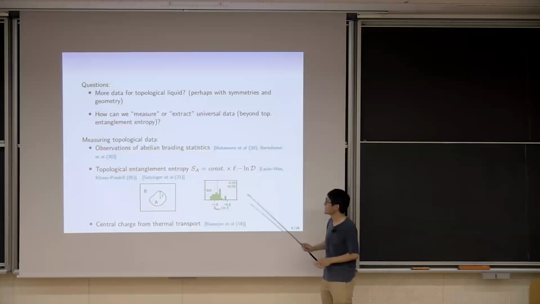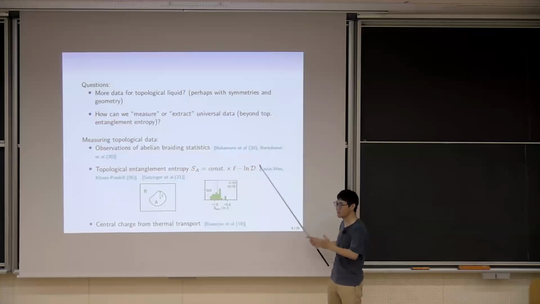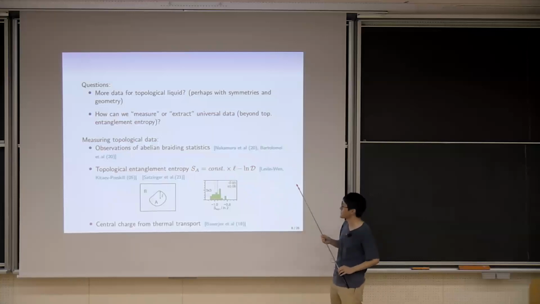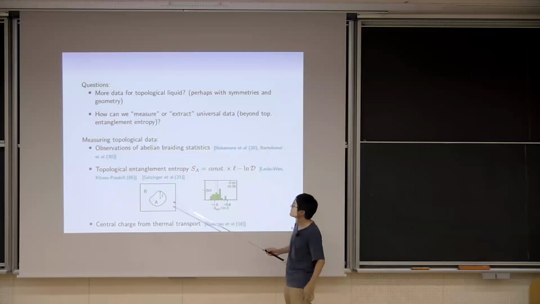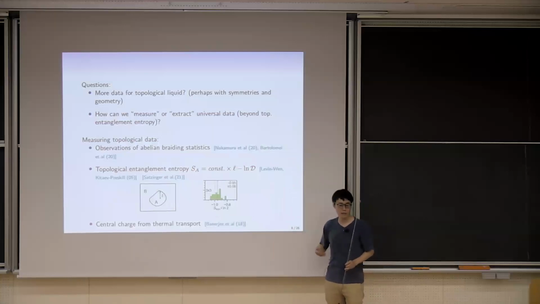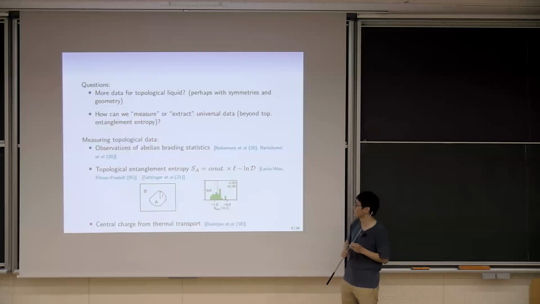Okay, but this quantity only knows the sum. It's a total quantum dimension. It doesn't have a resolution for each particular anyon, and also it doesn't know about theta. So topological entanglement entropy has been around for a long time already, but there are some topological states which we can't distinguish just by using topological entanglement entropy.